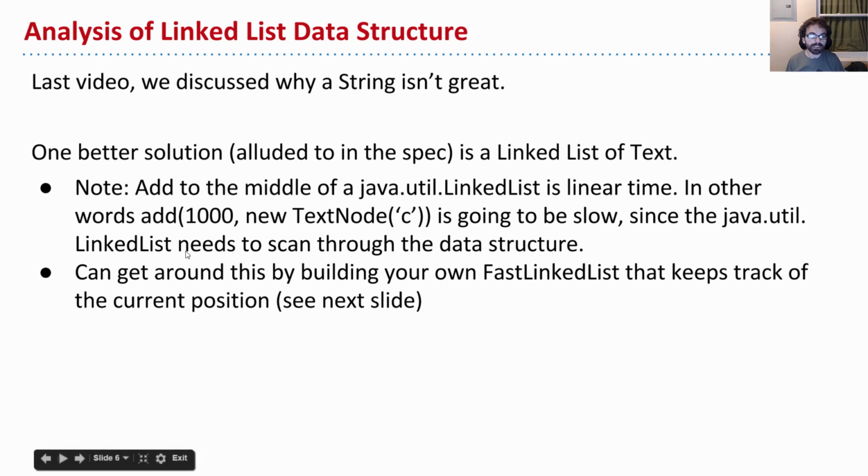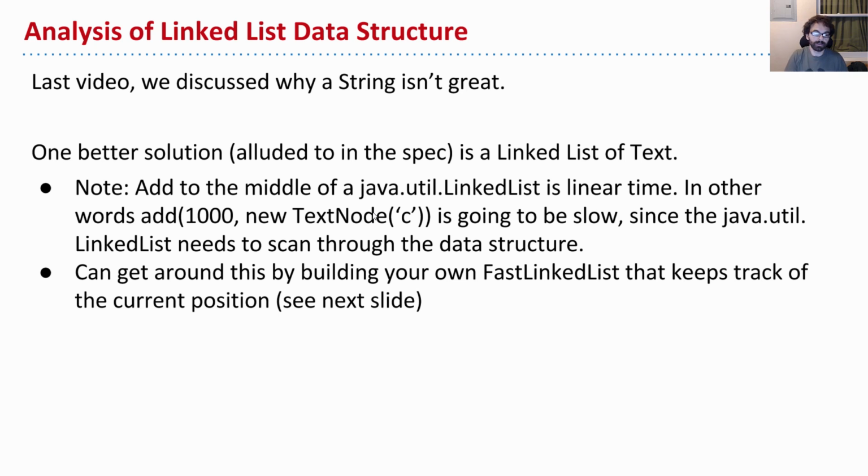So in Java util LinkedList, for example, if I'm adding to position 1000, I need to scan 1000 nodes in order to insert, say, a new text node, depending on what your add operation might look like. Maybe your add operation actually takes node objects, whatever. That's just because the util linked list provided by Java has to go all the way through.